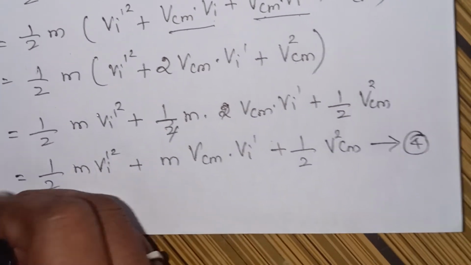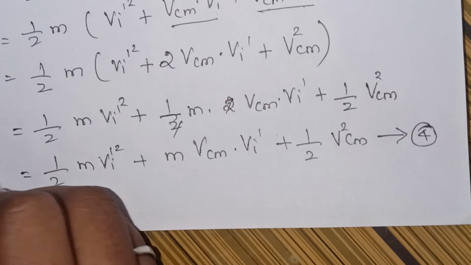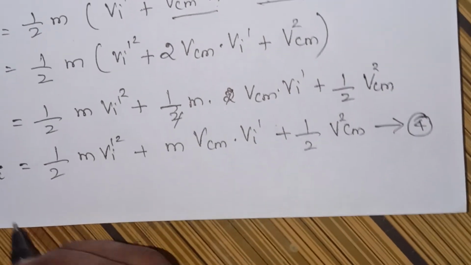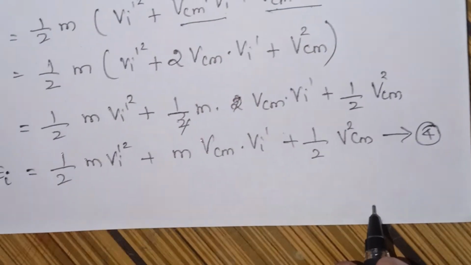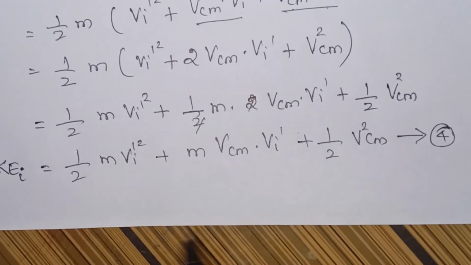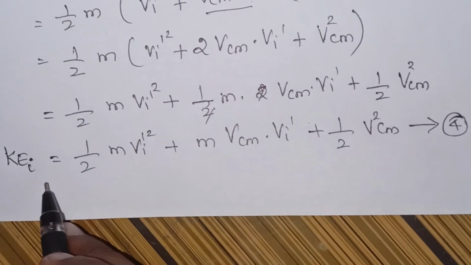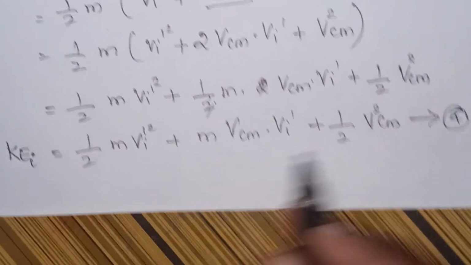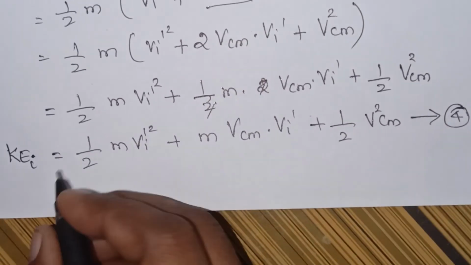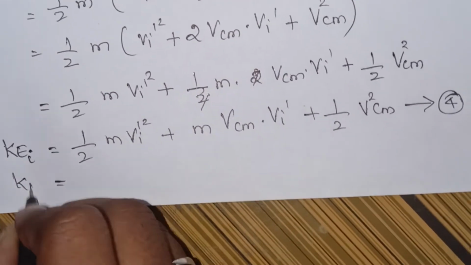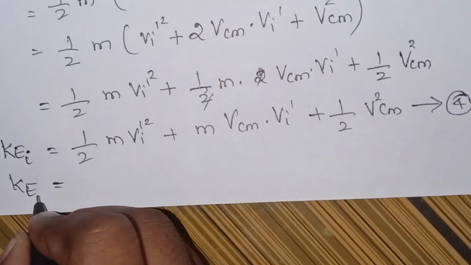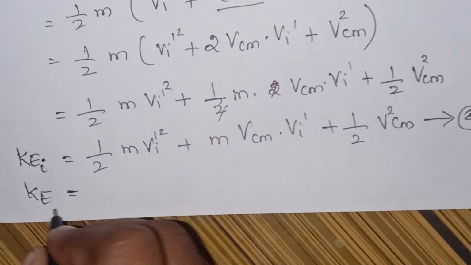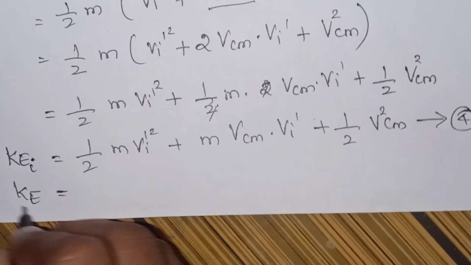This is only for the kinetic energy of the ith particle. If we are moving to the whole system, that is n number of particles, we have to take the summation of this equation number 4. So the kinetic energy of the whole system. Here we did not write i, because this is the kinetic energy of the system.